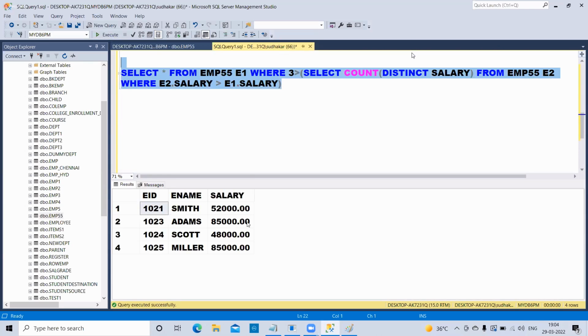You can see the top 3 highest people: 85 is the top 1 highest, 52 is the top 2nd highest, 48 is the top 3rd highest. So this is the top 3 highest people's information. Internally it works the same, there is no change.